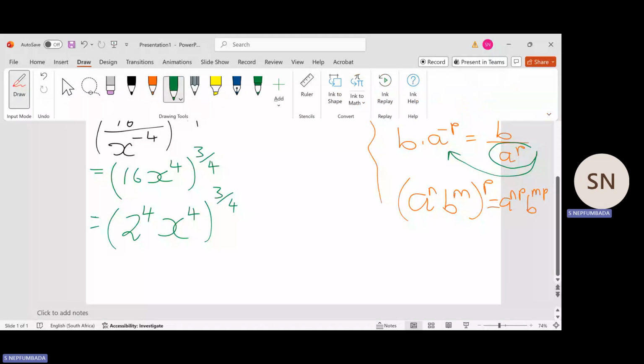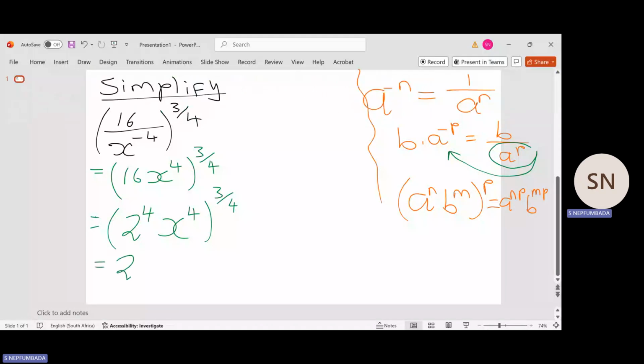So it means we're going to have 2 to the power of 4 multiplied by 3 over 4 times our x to the power of 4 multiplied by 3 over 4.